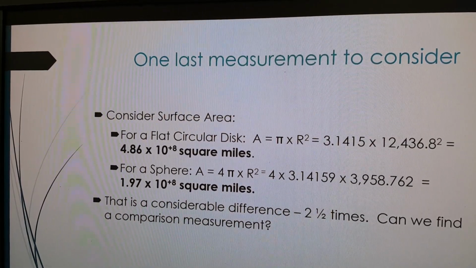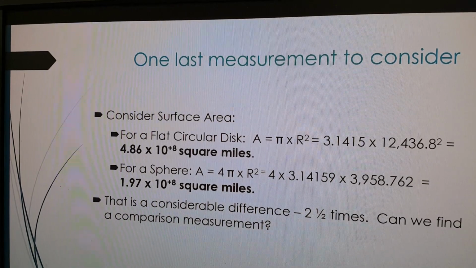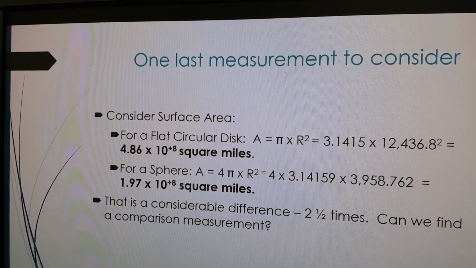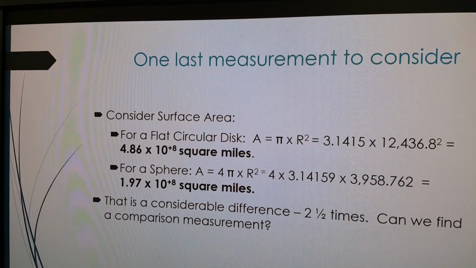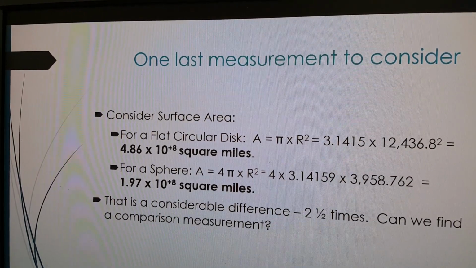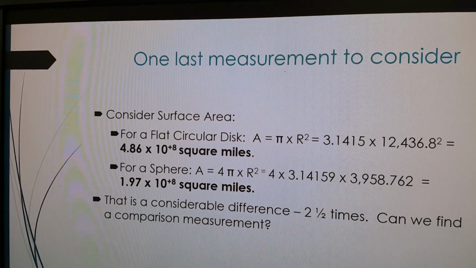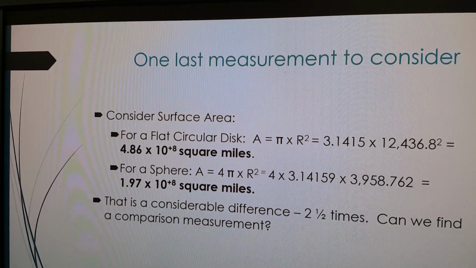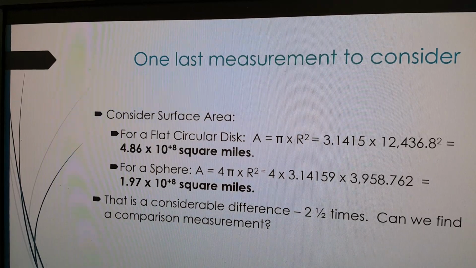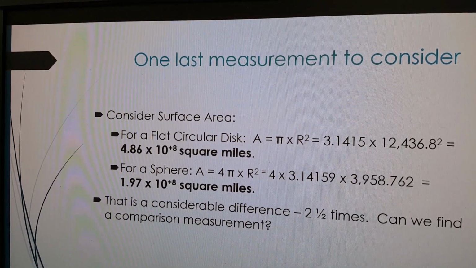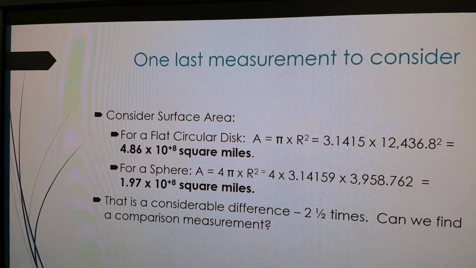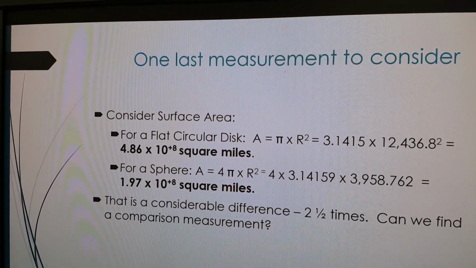For a sphere, the surface area of a sphere is 4 pi r squared. That's equal to 4 times, again, pi, times the radius, and that should be squared, equals 1.97 times 10 to the 8 square miles.